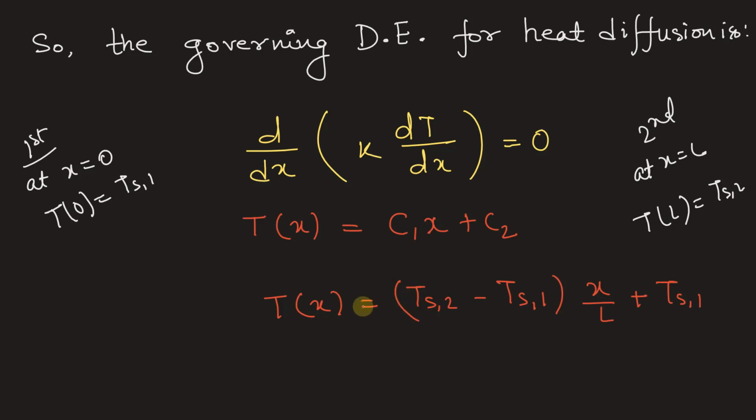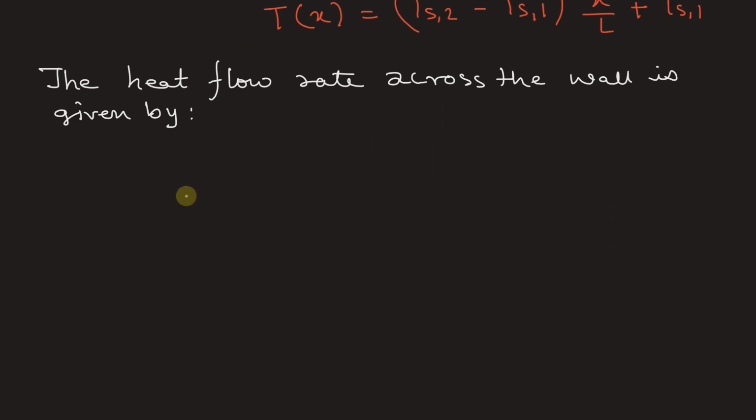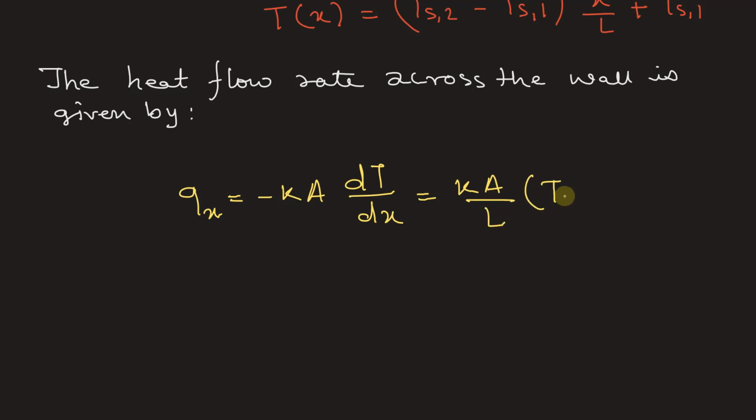Now the heat flow rate across the wall is given by heat flow in the direction of x equal to negative k into area into change in temperature with respect to x, and this can also be written as kA by L into (Ts1 minus Ts2), which can further be written as (Ts1 minus Ts2) divided by L upon kA.